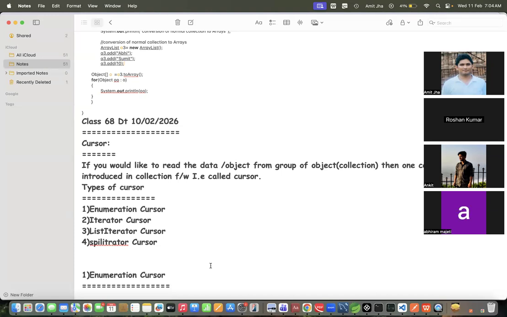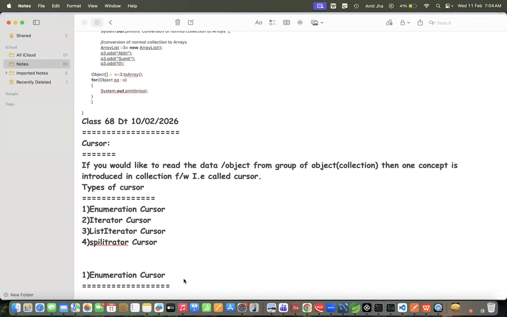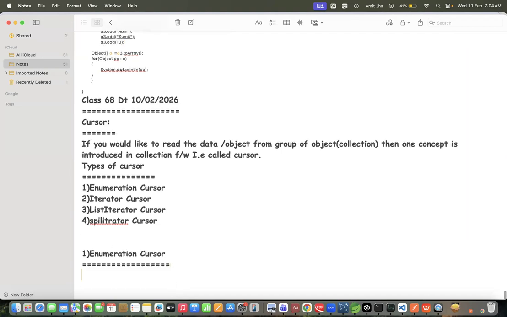So if you would like to read data, how can we do it? With the help of a cursor. Please concentrate. The first cursor is our enumeration cursor.